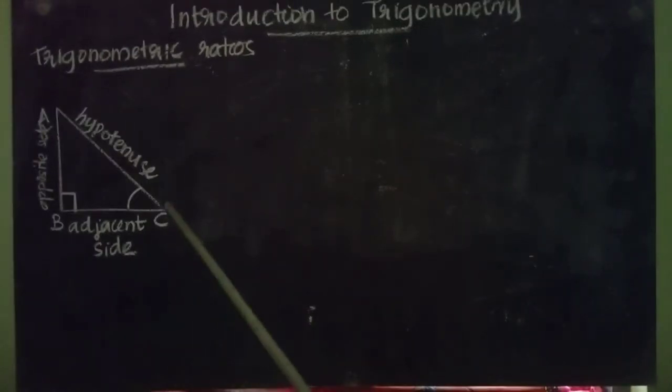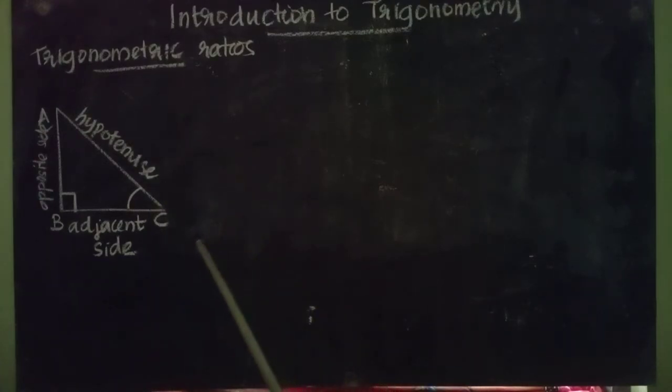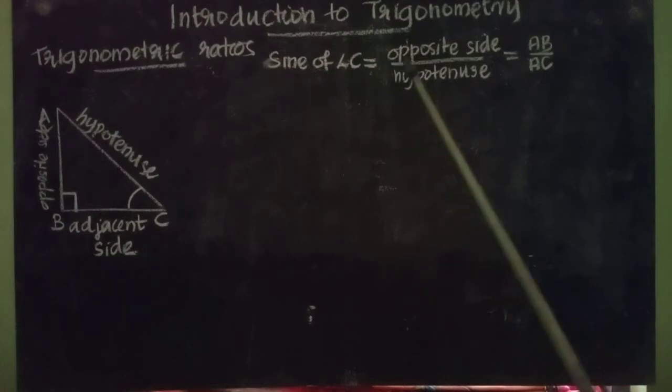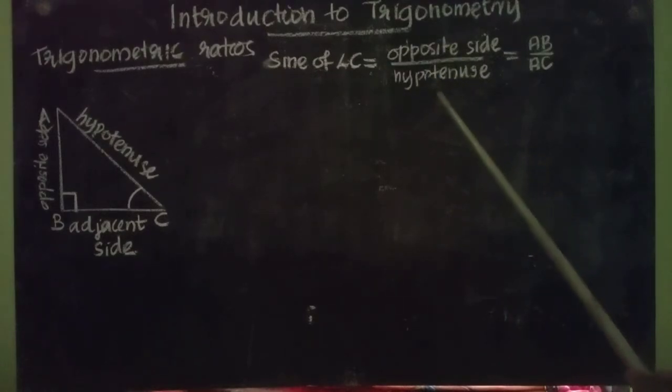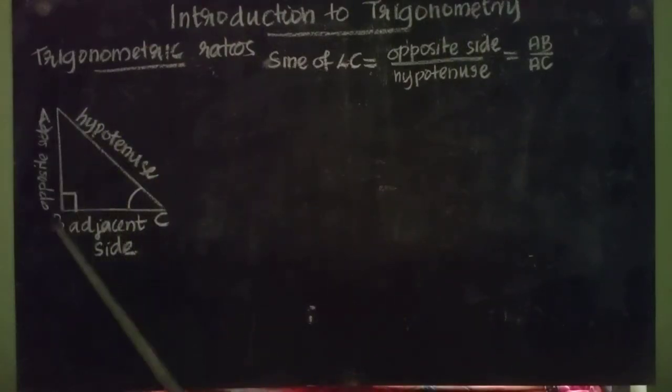So now let us define the trigonometric ratios. There are 6 trigonometric ratios. First one is sine of angle C. Its definition is opposite side by hypotenuse. What is the opposite side here? It is AB.